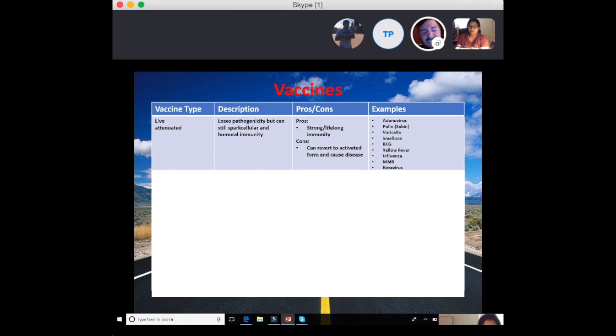And the way that these work is that they are alive, but they essentially keep on creating more and more generations of whatever the particular virus or bacteria is until it loses its pathogenicity, but can still create humoral or memory immunity.